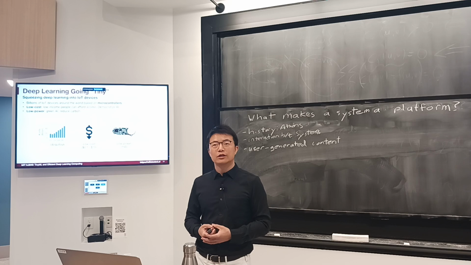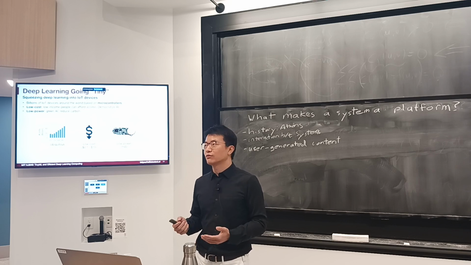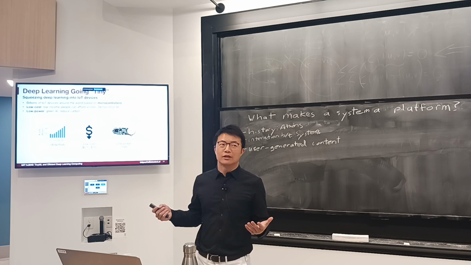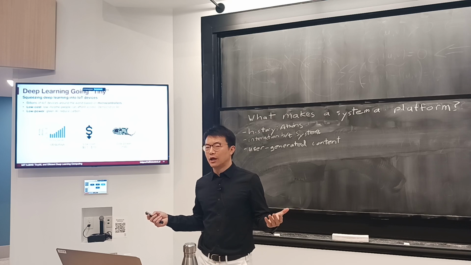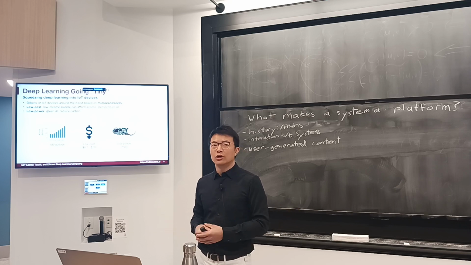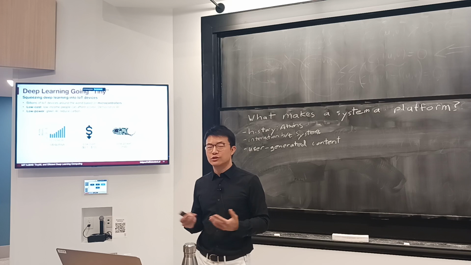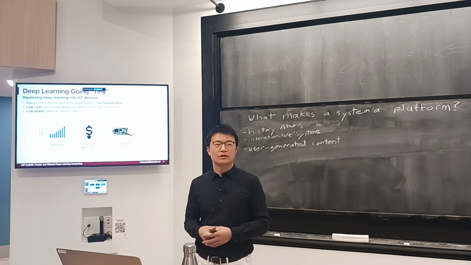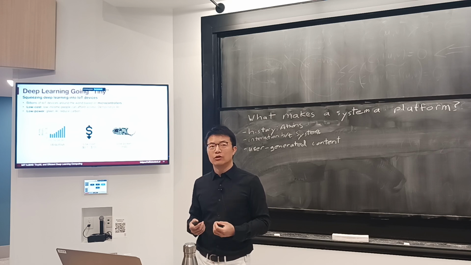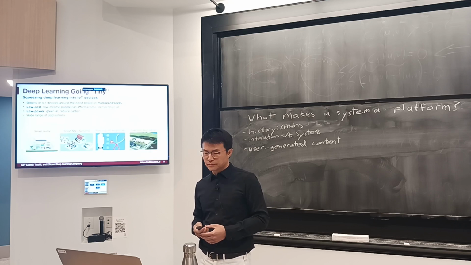Also they are low power, so we don't have to worry about our battery running out, or if you go to a spaceship, there's no Wi-Fi connection and limited battery. You can run them at very low cost and low power, even using renewable energy. That would be super cool.